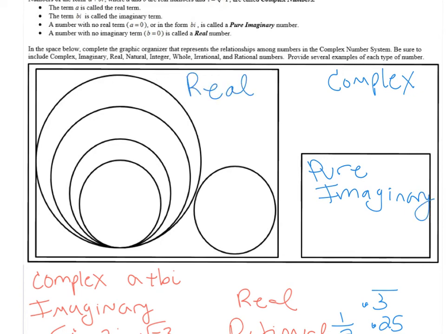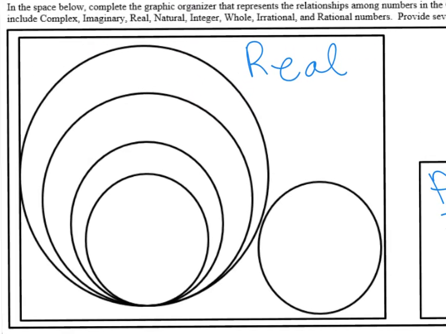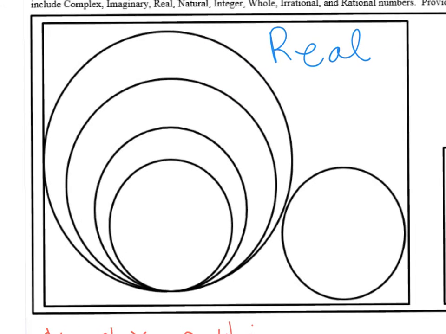Now, pure imaginary, we only had specific examples, whereas in the real numbers, there's a lot of different kinds of real numbers. So now, within real numbers, let me make this bigger so I can get into those circles. Within real numbers, we had rational and irrational. So irrational numbers are over here by themselves, and rational numbers are here.